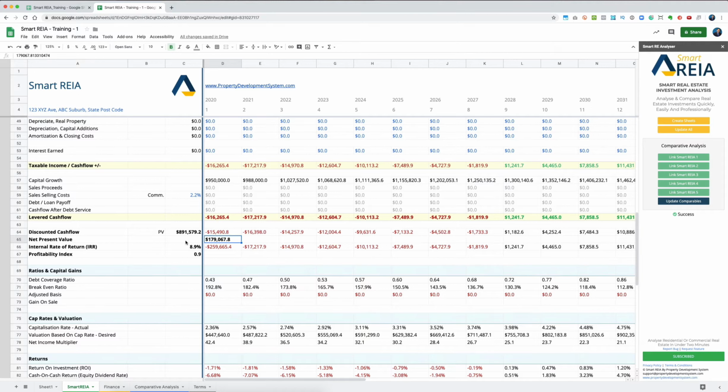Very closely related to this is your profitability index, which is more or less the same thing, but it is actually a ratio. With the profitability index, instead of finding the difference between present value and initial investment, you find the ratio between the present value and your initial investment so that you can compare two different properties. As a rule of thumb, always remember that a profitability index of 1.0 means that you're making exactly the rate of return that you are looking for.